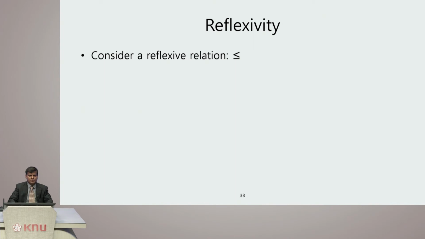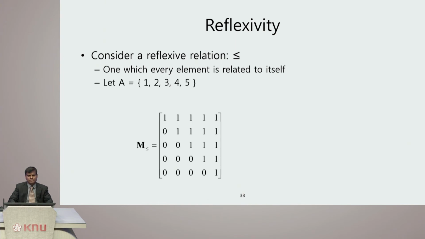Reflexivity: we know that the relation is less than or equal to, in which every element is related to itself. You can also use other properties. Let's start with this one, and for the matrix of less than or equal to, we establish the elements of the matrix with zeros and ones.